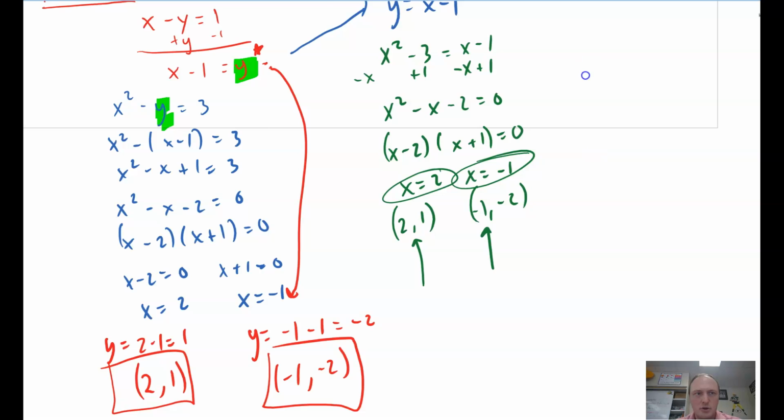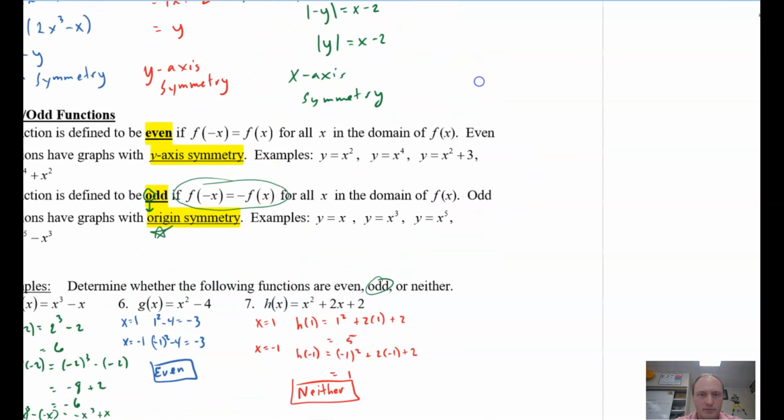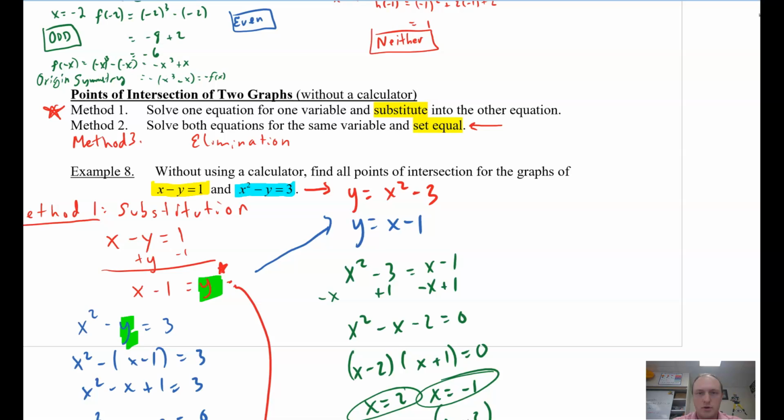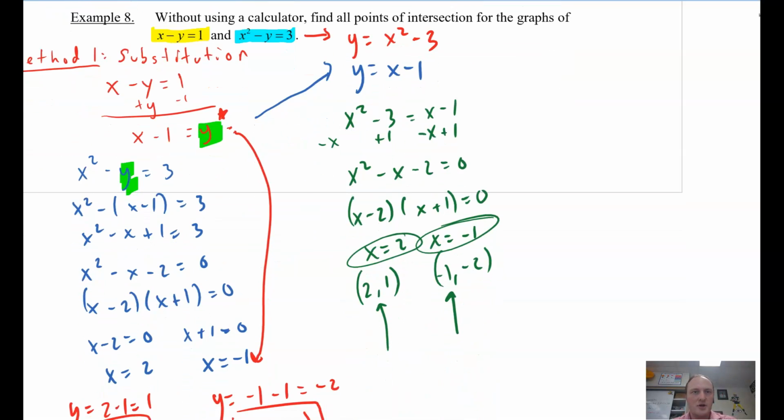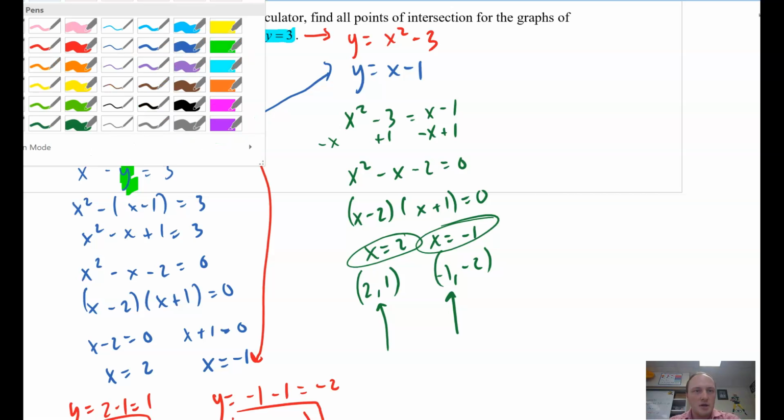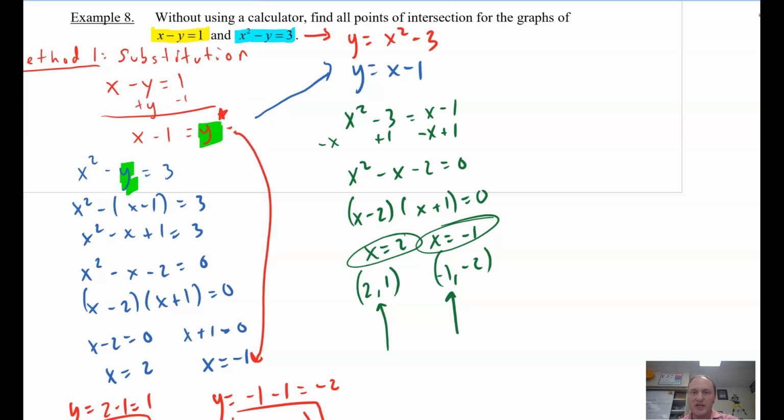Let's go over the third method, which maybe you remember, maybe not: elimination. Elimination works specifically with systems. You take your two equations, x minus y equals 1 and x squared minus y equals 3, and eliminate one variable, get rid of it.